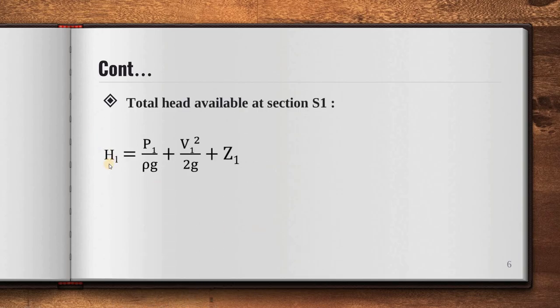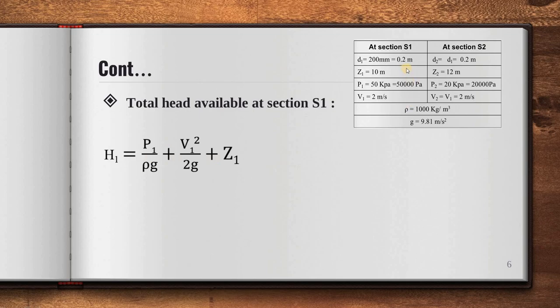H1 is the total head available at section S1, that is P1 upon rho g, the pressure head at section S1, plus V1 square upon 2g, the kinetic head at section S1, plus Z1, the potential head at section S1.